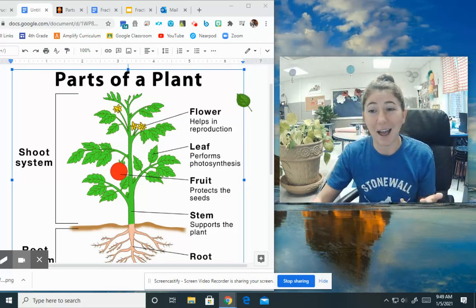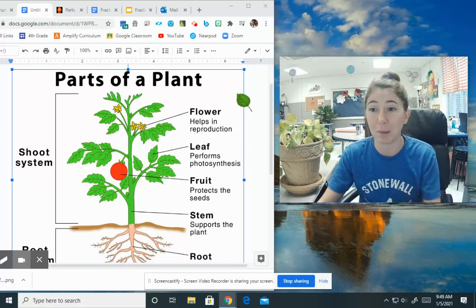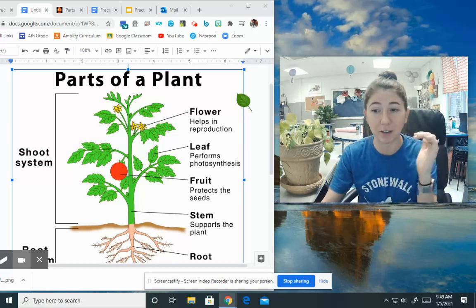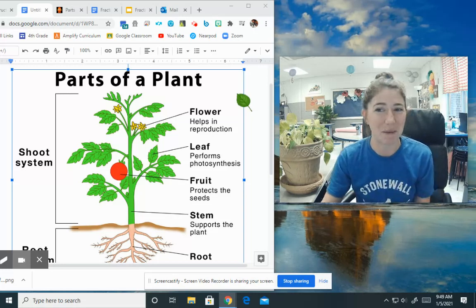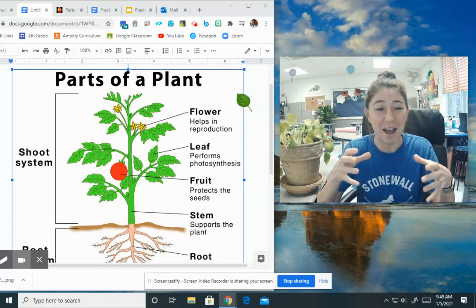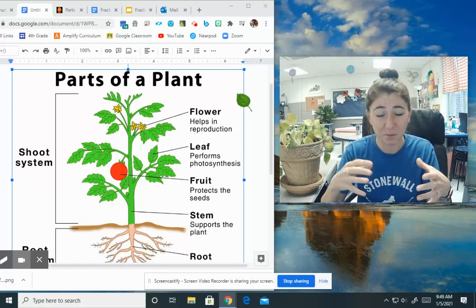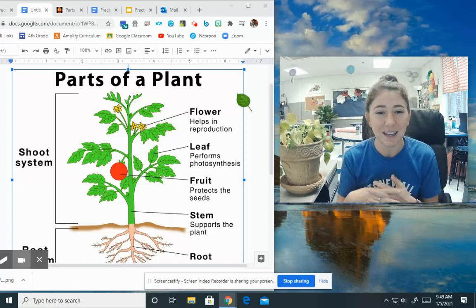Some plants might have a really flexible stem to withstand being in the water, so it'll wave back and forth. While some stems, maybe like a trunk of a tree, might be really sturdy and not flexible at all. So it just depends where that plant lives, and we'll talk about that further into the unit.